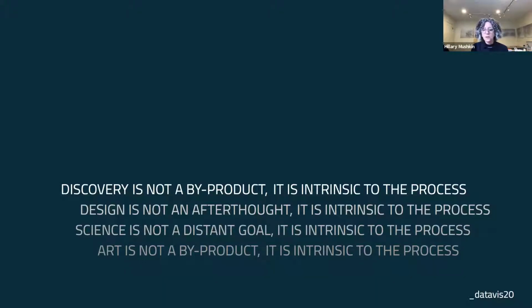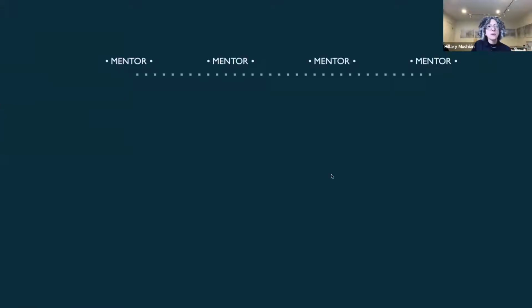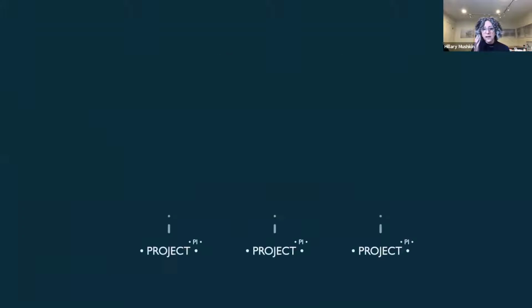The way that we get to answer that question is through a process that involves design, science, art, and computing. So when we structure a team, it includes an interdisciplinary group of mentors, and then it also includes science partners.